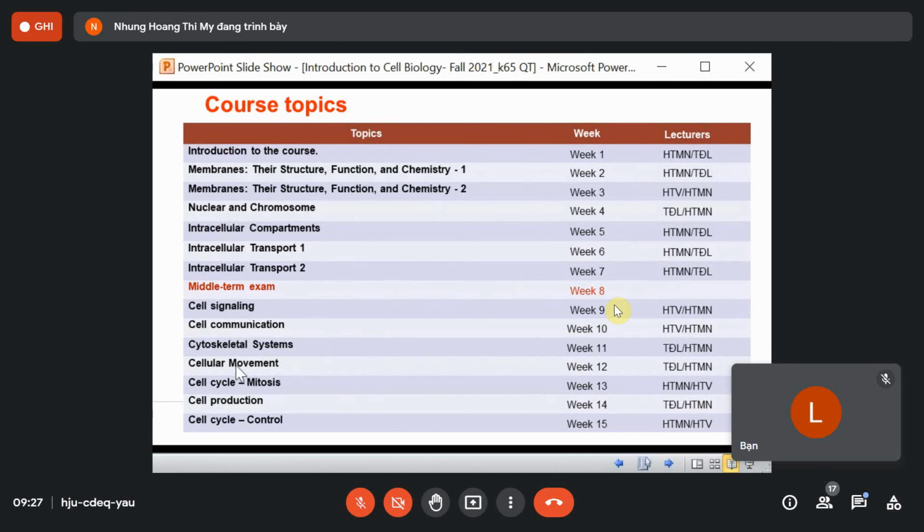One of the main functions of the cytoskeleton system is involvement in cellular movement. You can see the cell can move, like they can walk, or somehow run or roll.